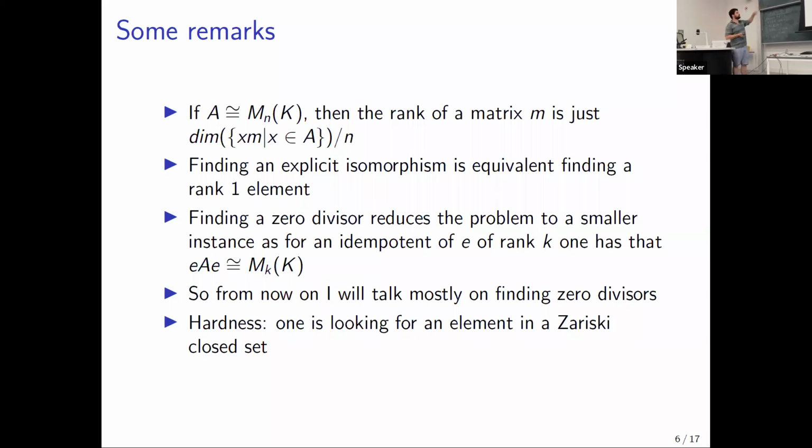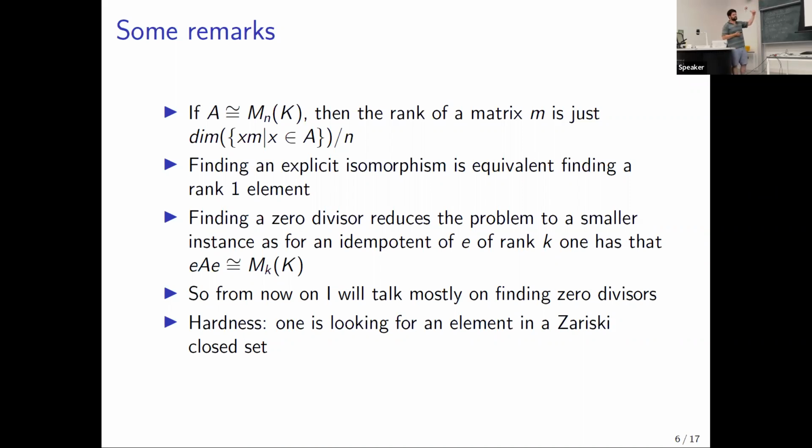You would think that this is nonsense, because how do I know that my matrix has rank 1 if I don't have an explicit isomorphism? But you can do that because there's a notion of rank which is independent of this isomorphism. You can take the left ideal generated by that element, and the dimension over K tells you the rank. So you can compute the rank of an element easily without actually computing its matrix representation.